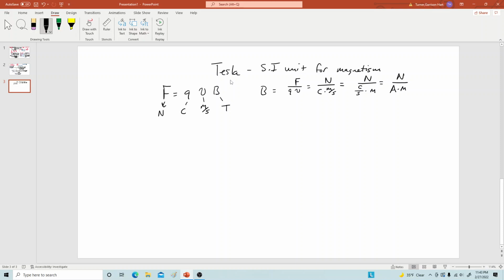So this hints at a fundamental property, and that is, as we'll see in the next videos, that the source of magnetism is current.